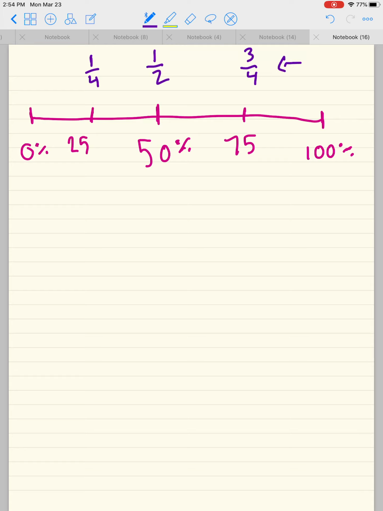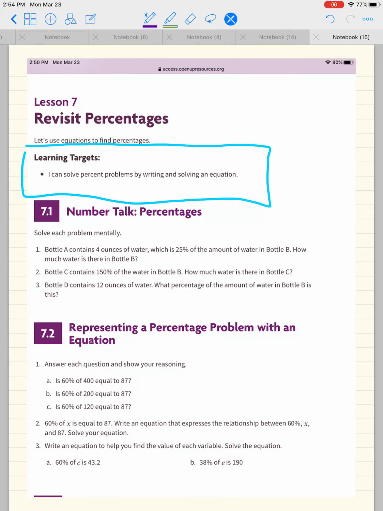But thinking back to these, what are called landmark fractions, is very helpful. The other one that's also super helpful is 10% is 1/10 of that amount. Okay, let's get back to the actual lesson.